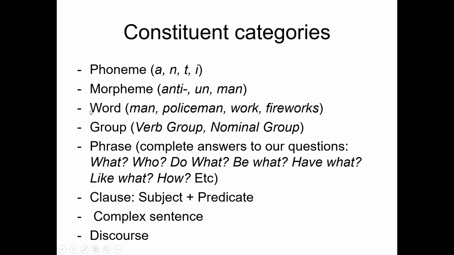And then you have a word like a noun, a verb, an adjective, conjunction, determiner. And then you have group. You are going to look at two kinds of groups. And then you have a phrase, which you know a phrase is a grammatically complete answer to questions such as what, or do what, or like what.